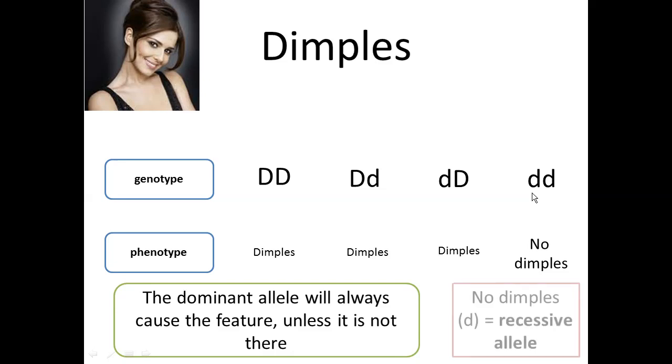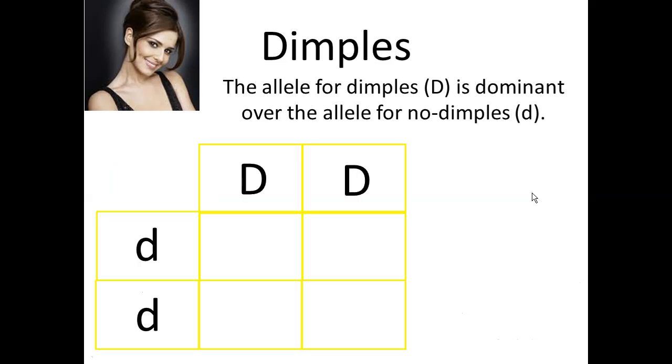Okay, so we can find out the probability of having dimples in offspring using the gametes from the parents, using the Punnett square system that we used at the beginning of the lesson. In this case, you can have 2 different parents: one with both dominant alleles, so it will have dimples, and one without dimples because it has both recessive alleles.